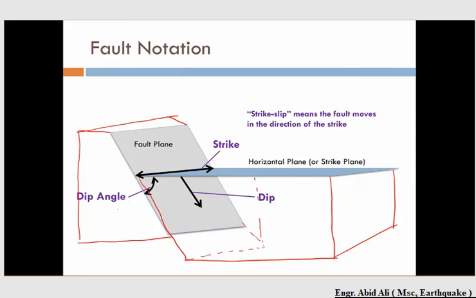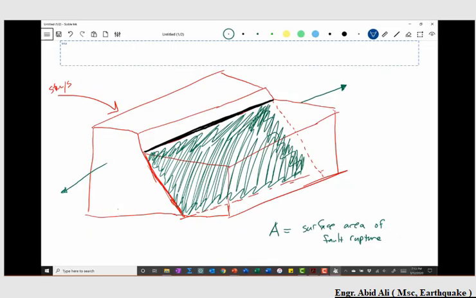Going back to my little figure, a strike-slip fault means that instead of my block moving down, it's going to move parallel to the direction of my strike. So I'm going to have translation instead of up and down motion. That would be called a strike-slip fault.